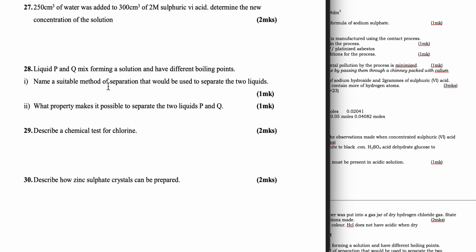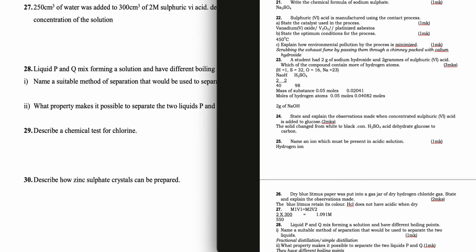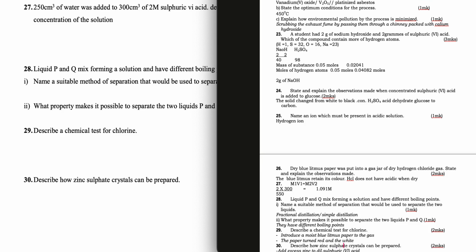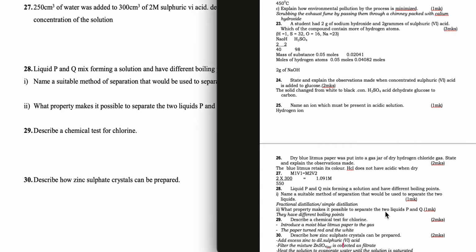Name a suitable method of separation that would be used to separate the two liquids. It is fractional distillation, or you can just call it simple distillation. What property makes it possible to separate the two liquids P and Q? They have different boiling points.